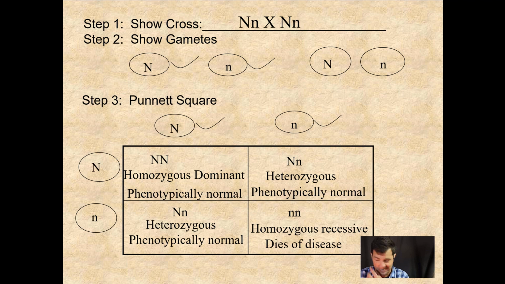So what are the chances of that happening? Well, based on that scenario, there's a 25% chance, if you had those two individuals, of having a baby with that outcome. So that's the first part, 25%. If you had those two individuals come in contact, that's what you could expect to get.